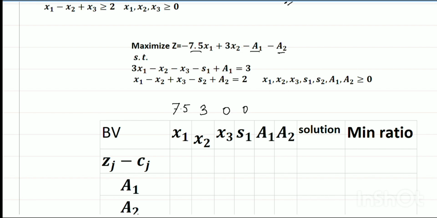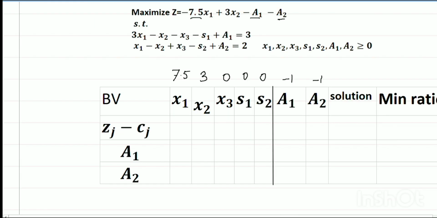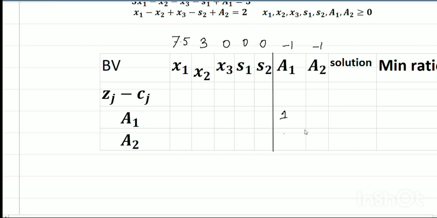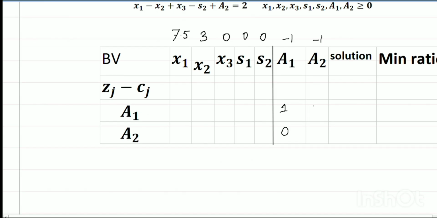Now a1 we get 1. a1 is equal to 1, and a2 is 0 and 1, and s2 is 0 and -1, and s1 is -1.